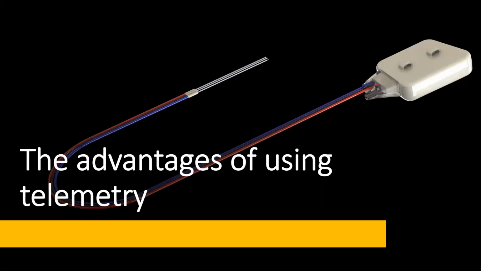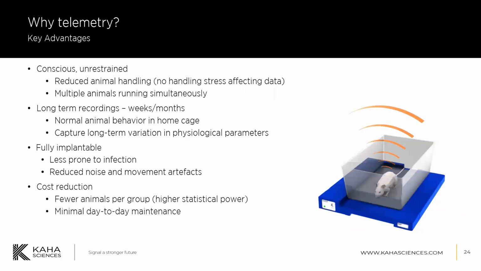So why would you want to measure any signals via telemetry? I think the key advantage is that it enables you to measure your physiological variables in conscious, unrestrained animals. And this means that your results aren't confounded by the use of anesthesia, or affected by handling stress of having to handle those animals before or during your measurements.